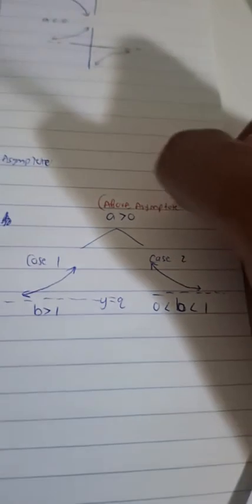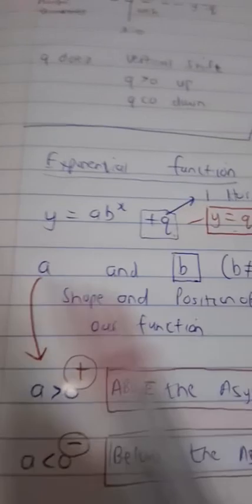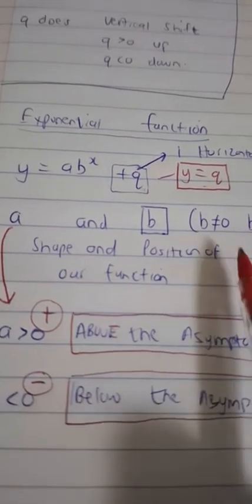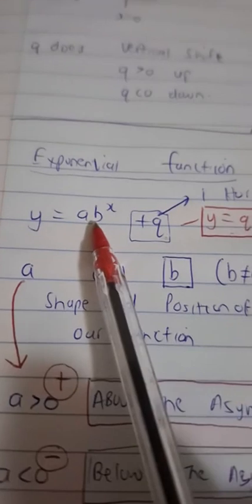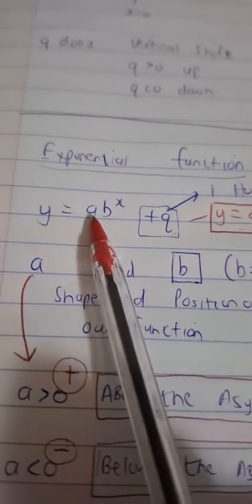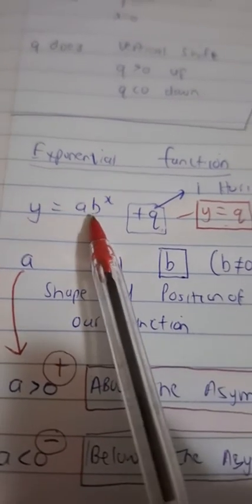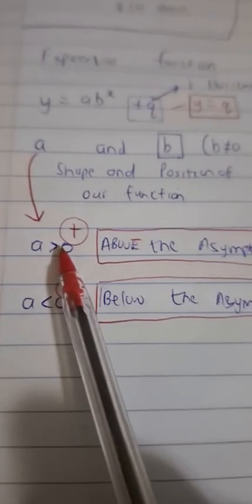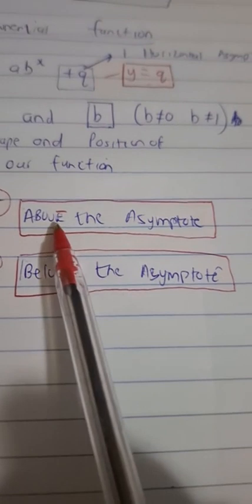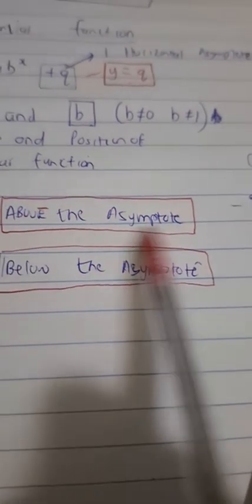So very important: a and b help with the shape and the position of our exponential function. Because look, there's a and there's b. b is the base to the variable exponent, which is x. So when a is greater than 0, I said when a is positive, we can expect to find the function above the asymptote.